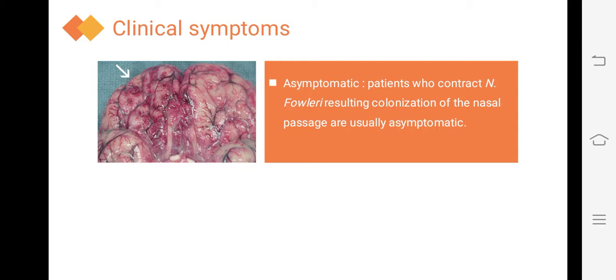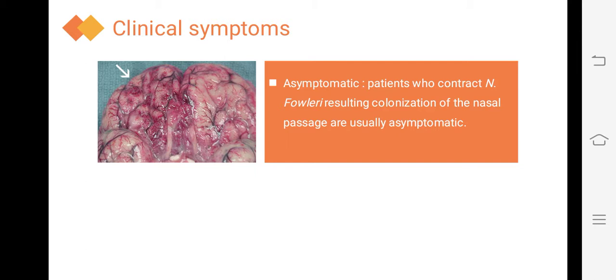There are patients that are asymptomatic, and there are also patients that are symptomatic. Clinical symptoms such as a change in the sense of smell and respiratory infection signify involvement of the olfactory epithelium and neural tissue invasion.